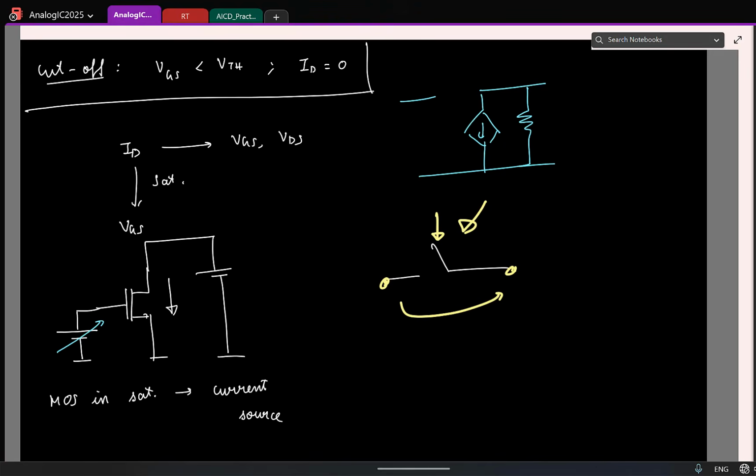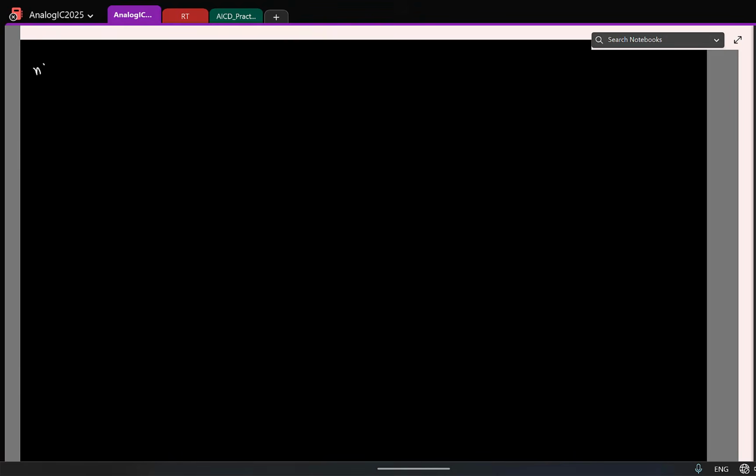Okay, so now, the transistor we saw is what we call an NMOS transistor, if you didn't already know. This is the symbol we saw: gate, drain, source. In an NMOS transistor, the current flows from drain to source. That's the convention we follow.